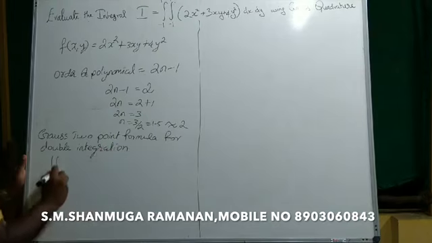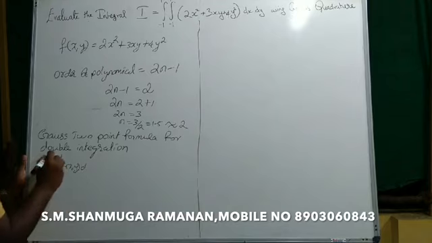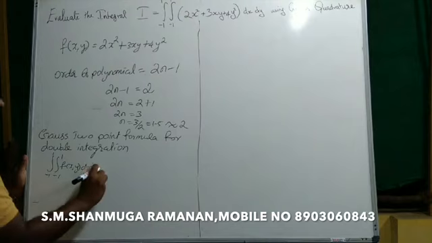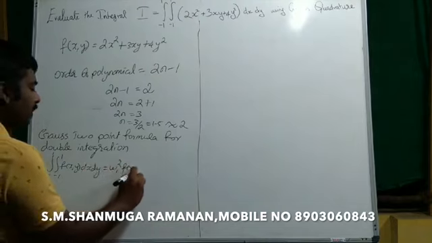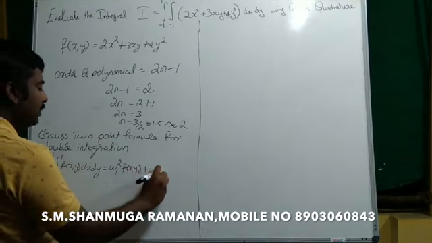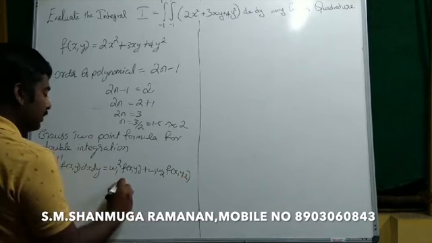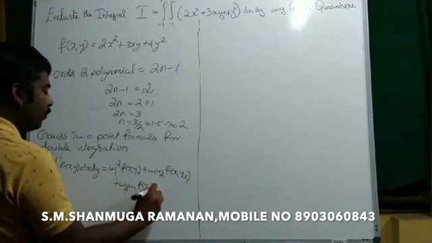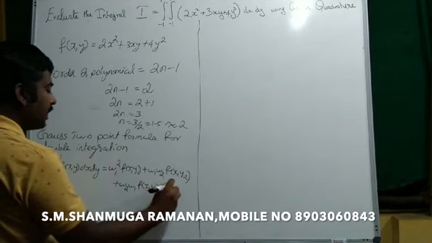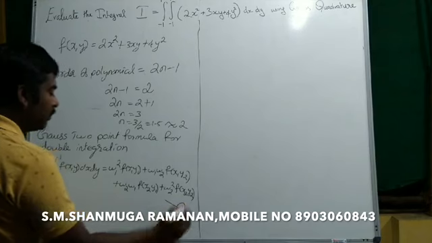That is, the integral from -1 to 1 of f(x,y) dx dy equals w1² f(x1,y1) + w1 w2 f(x1,y2) + w2 w1 f(x2,y1) + w2² f(x2,y2). This is equation 1.